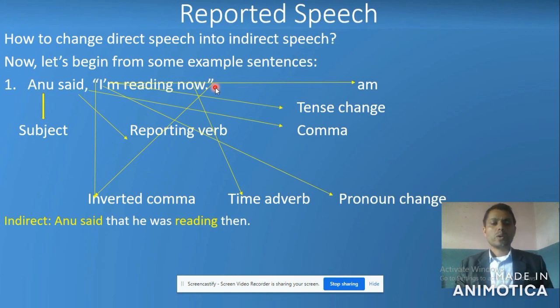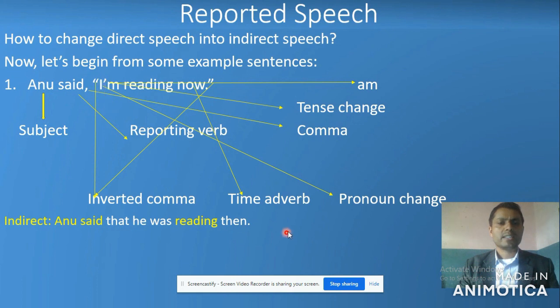Before you learn how to change from direct to indirect, you have to know its components. You can see them here. Anu is the subject, said is the reporting verb, and I is a pronoun. Am is the reported verb, tense sense, which we have to change. Then the comma must also be changed, and the inverted commas, as I already told you.